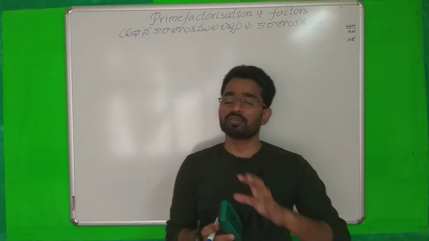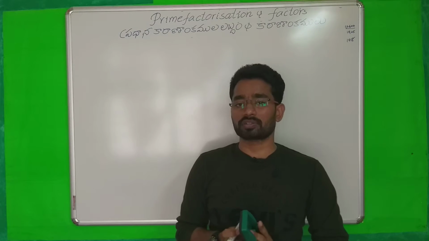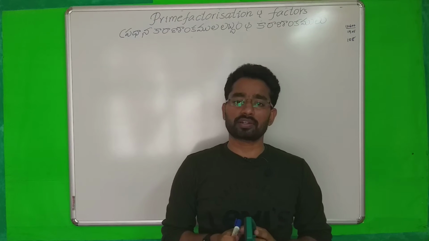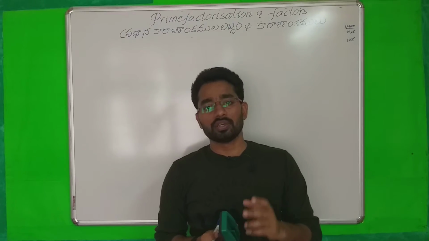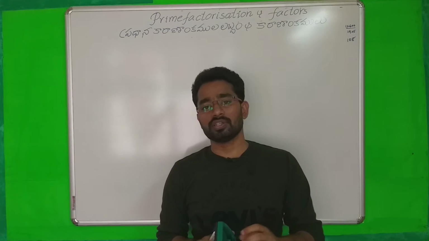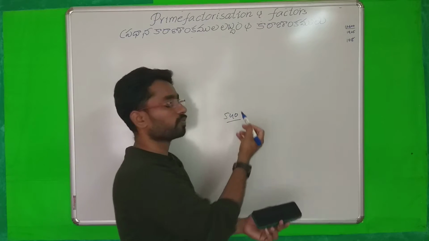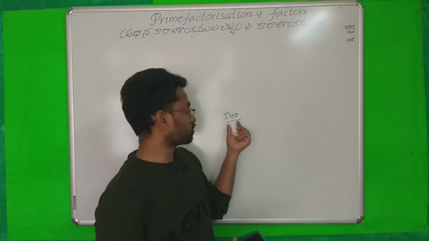It is very useful because to write the factors you need to know prime factorization, and to find the number of factors, number of divisors, sum of divisors, product of divisors. If you know the prime factorization, you can find them easily. For example, I have written one number on the board, 540. Can you say how many factors there are for 540?